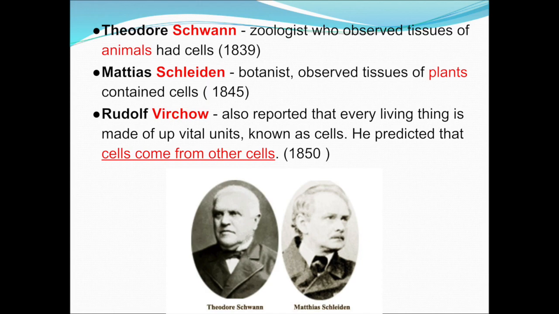After Matthias, it is Rudolf. In 1850, he found that there would be cells and tissues both inside the plants as well as in the animals, and he named these small important parts or the important units as cells. So the name cell was given to the cell only in 1850.